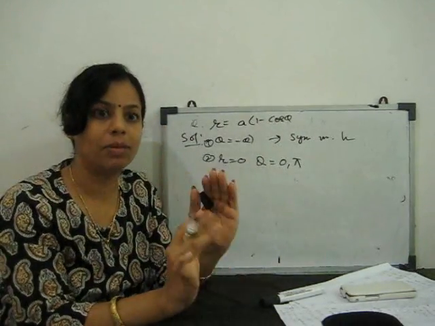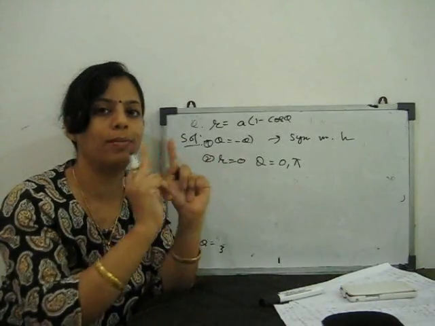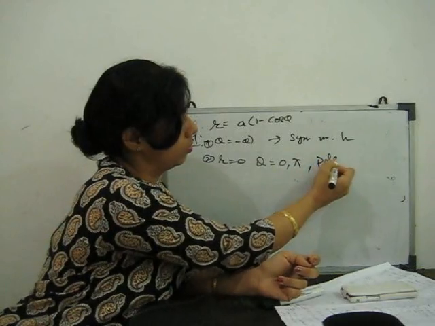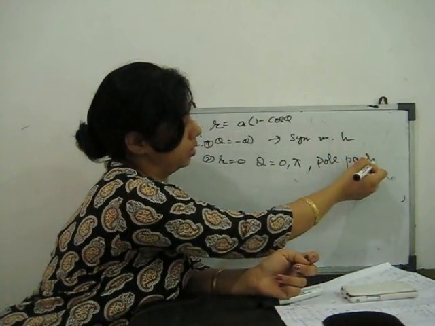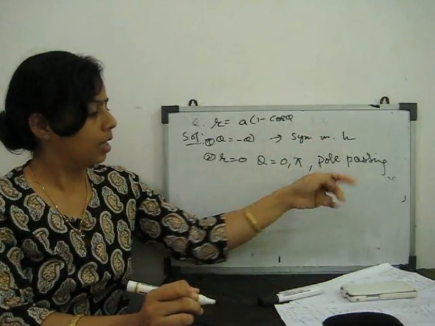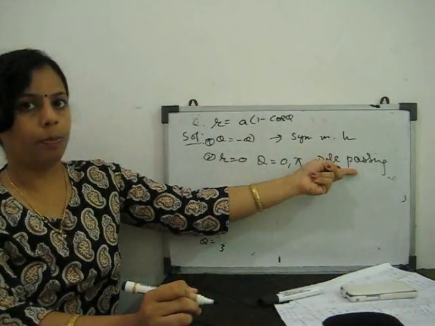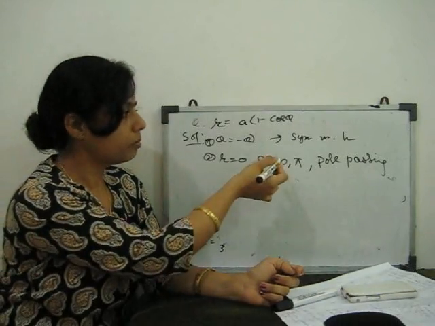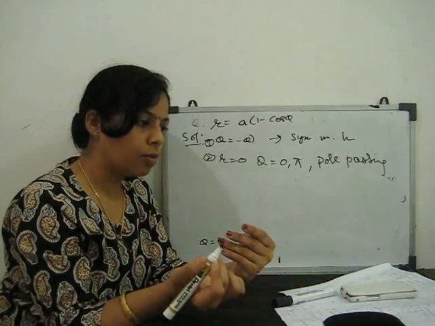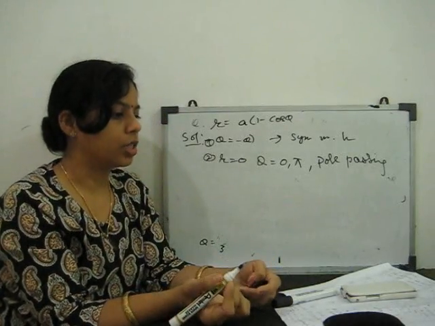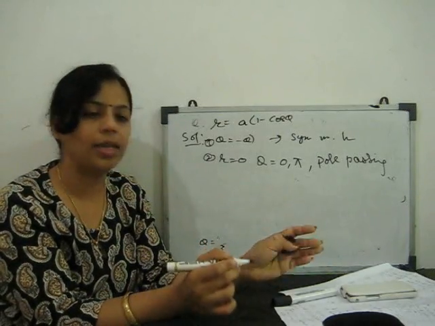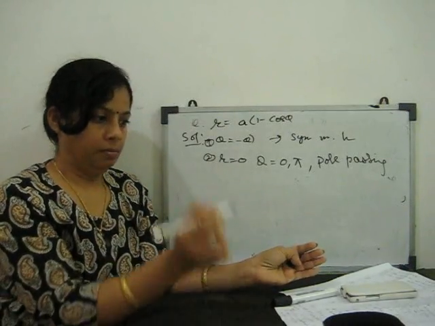Real values mean it passes through its pole. Pole means the 0, 0 point. So it passes through the pole. Second conclusion: symmetric about the initial line, passing through the pole. Third, since 0 gives real values, theta is equal to 0 is the tangent at the pole, and theta is equal to pi is also another.